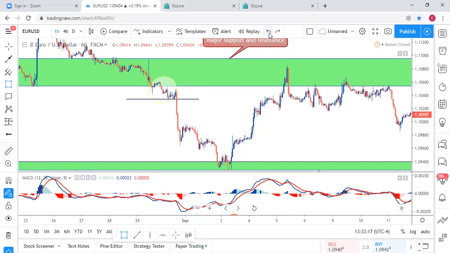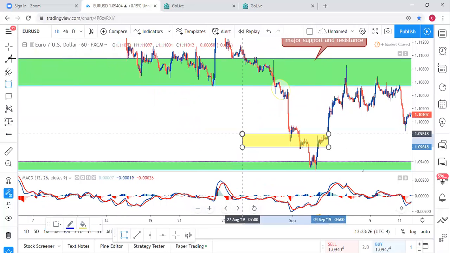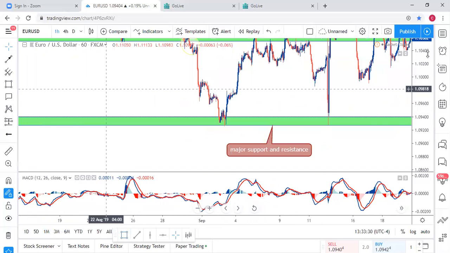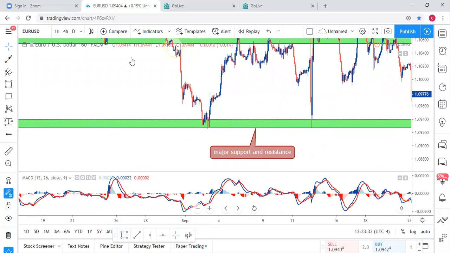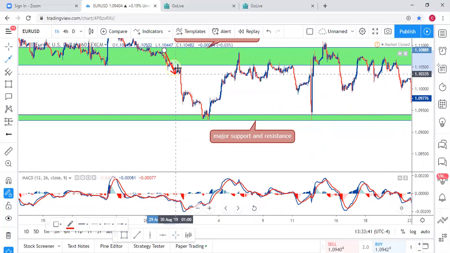Moving on smoothly. After that happened, you realize that in this general area here, which we all know as support as well, the market would have come from here, came down, retested, and dropped to this support area.